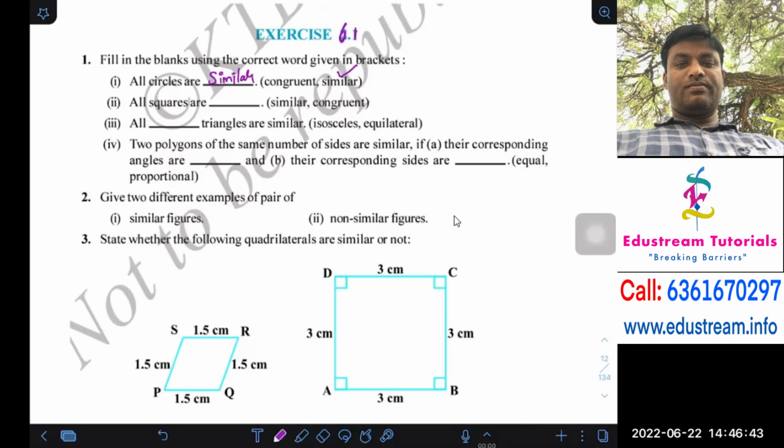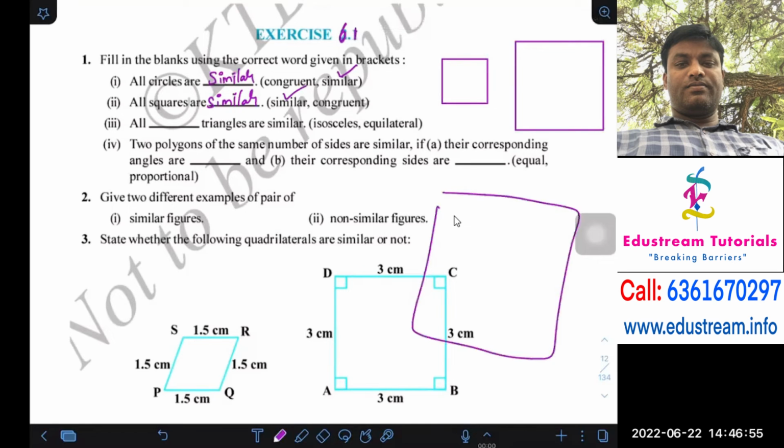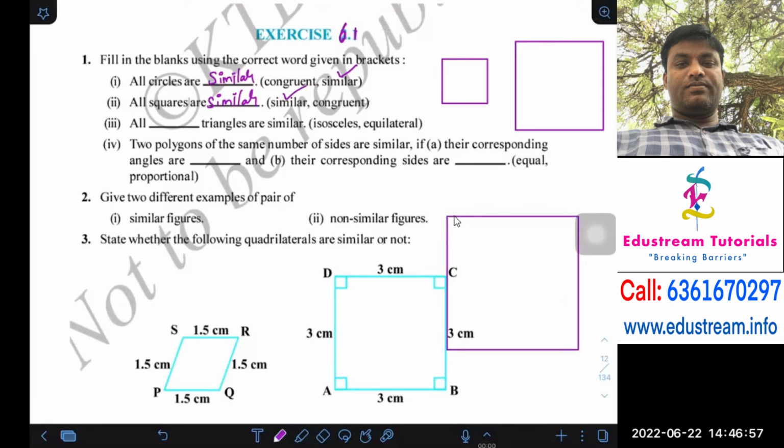Next, all squares are similar. Example, take this square, take this square, and take this big square here. All these squares are similar, not congruent.